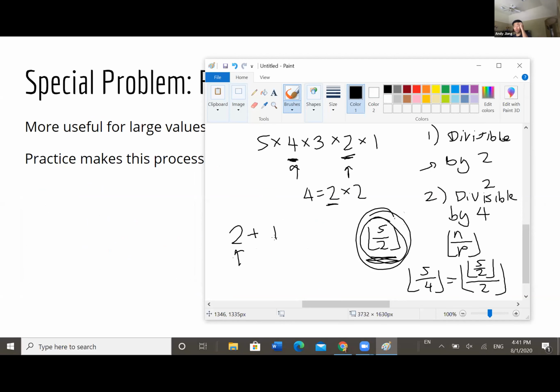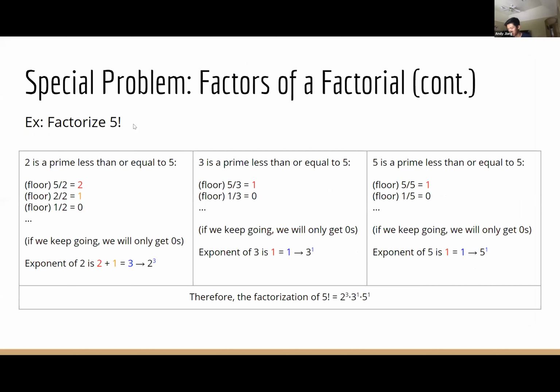The floor, I still get 1. And then here I can stop and I get 3. I know that none of these numbers from 5 to 1 have a factor of 8, so I don't have to do anything past this. I would do the same thing for 3 and for 5, and I ultimately get a simplified formula, which is this.